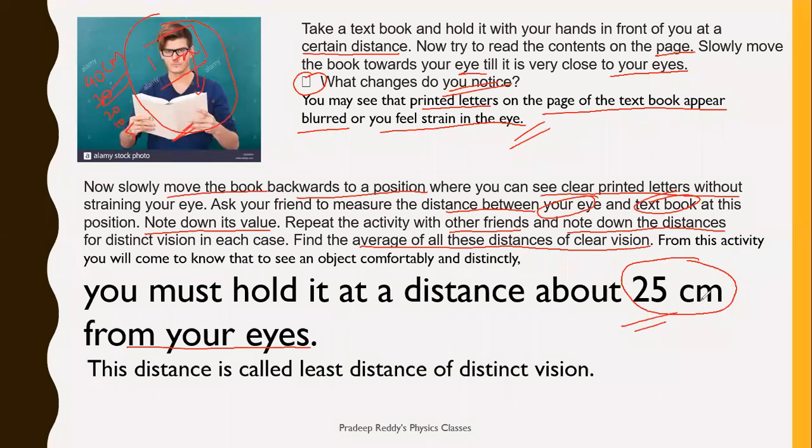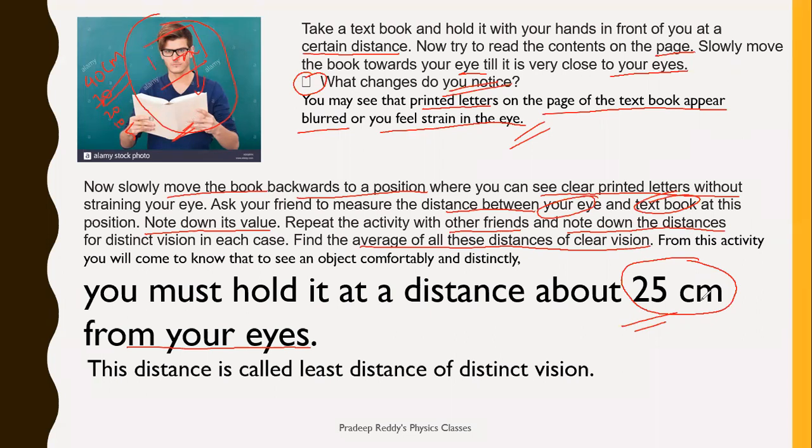Beyond 25 centimeter, of course, if you place it at 30 centimeter, you do not have any problem. But if you place the textbook at a distance of 50 centimeter, you cannot view the objects on that book clearly. Likewise, when you place that book closer at a distance of 10 centimeter or 5 centimeter, you get a blurred image.